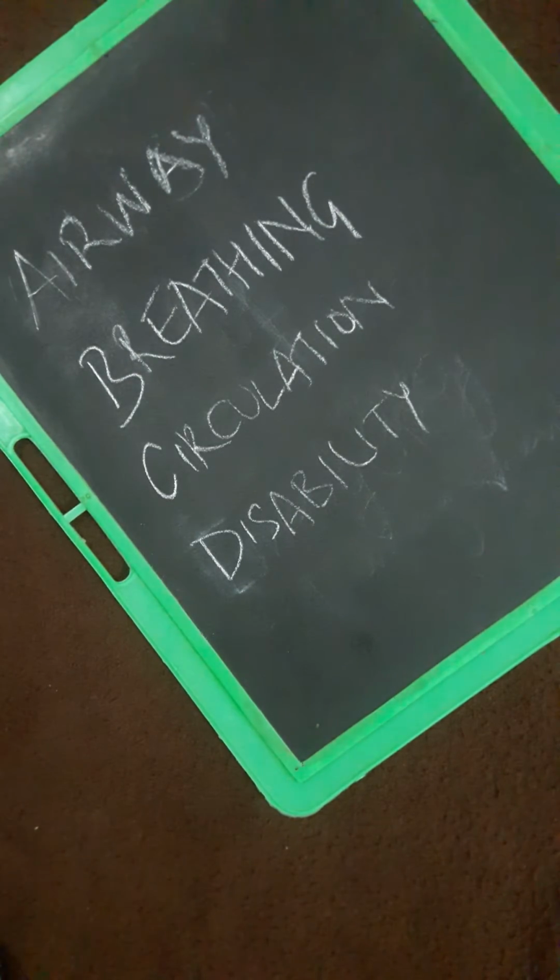A patient may become unconscious because of hypoxia, which may be because of a problem in the airway, that is airway obstruction, or in breathing. Or is there a cerebral hypoperfusion? That means is blood not properly reaching the brain, or is there any brain injury or head injury due to which the person has become unconscious?